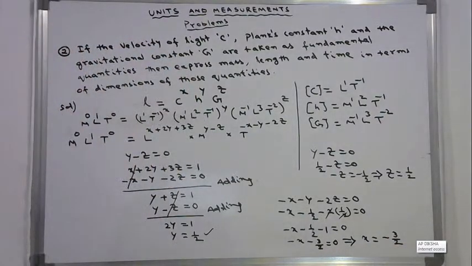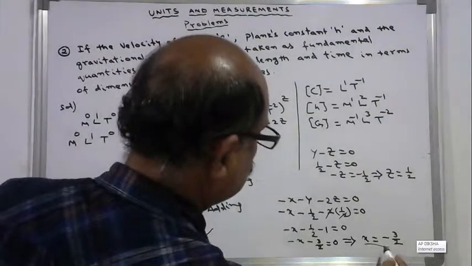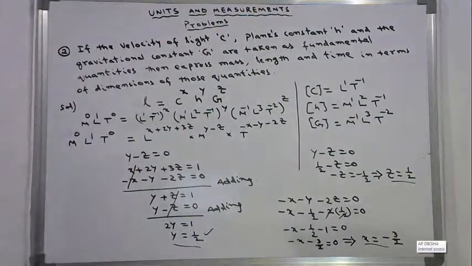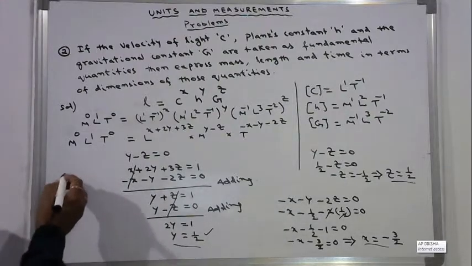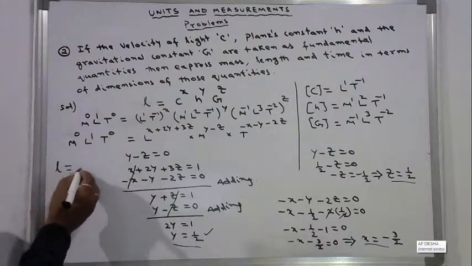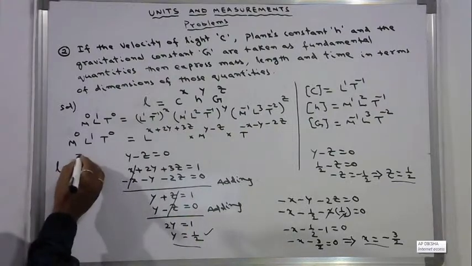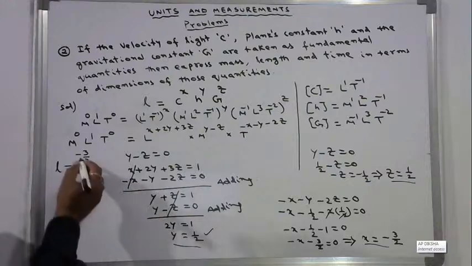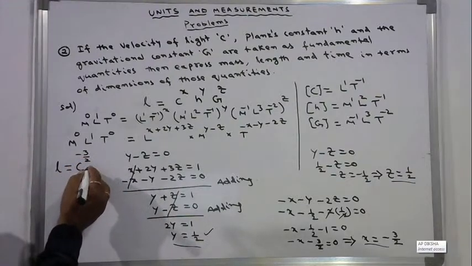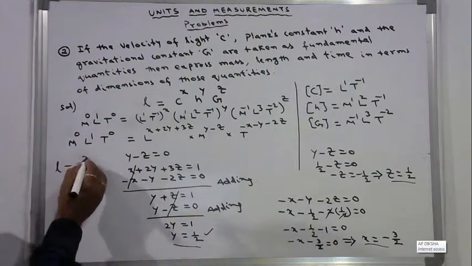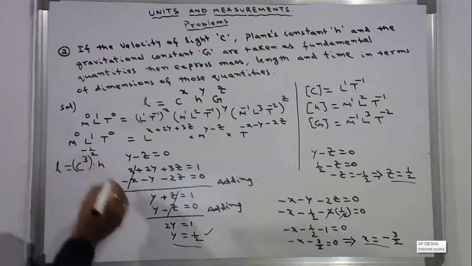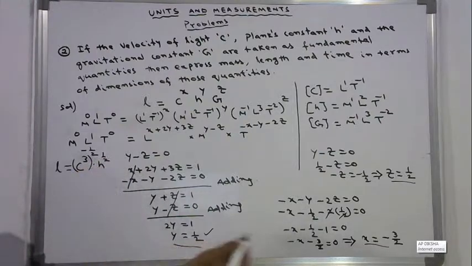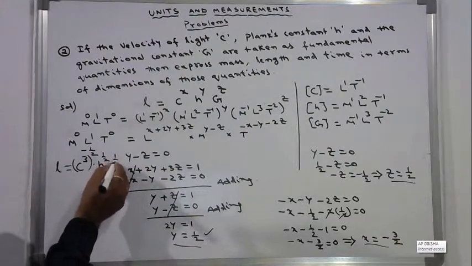These are the values we obtained for x, y, and z. These three values. Now, how do we represent the equation? The equation becomes L is equal to c power x, where x is minus 3 by 2, or c cubed to the power minus half, into h power y, half, into g power z, half.